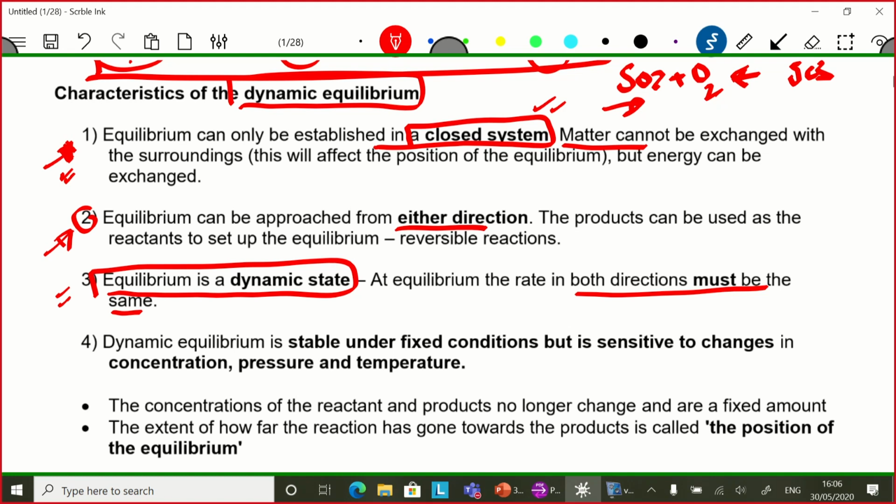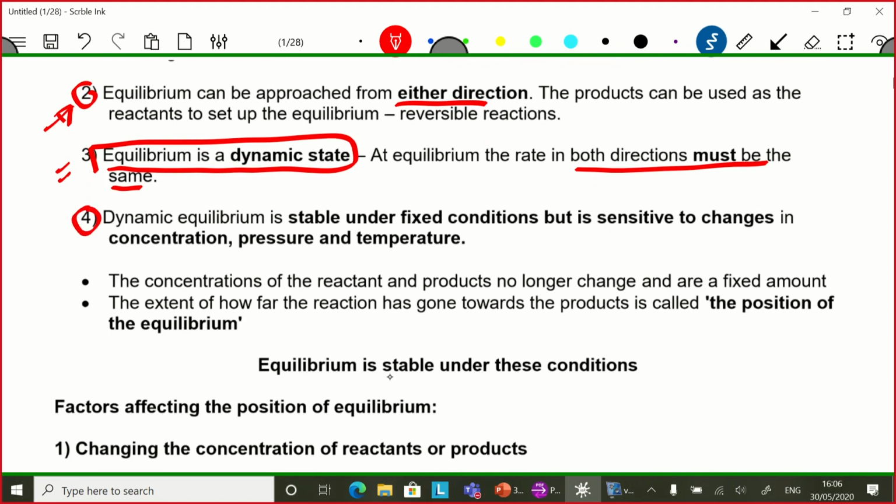Yes, you're not going to produce any more product, but the reaction hasn't stopped. What is happening is that the rate of the forward reaction is equal to the rate of the backward reaction. So you're not noticing any difference in the amount of the reactant or the product. This is because the rates of the two reactions are the same, but they're going in opposite directions.